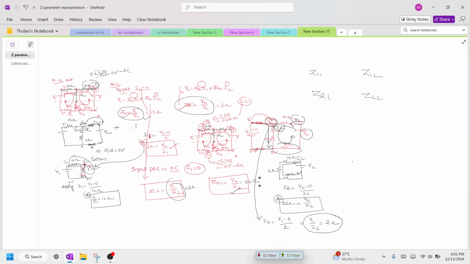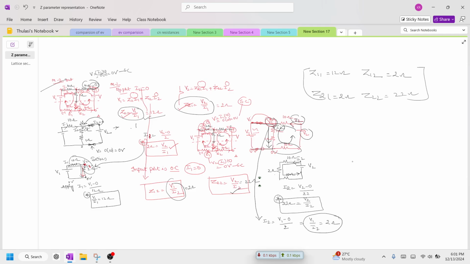The first one, which we have already solved, Z11, is how much? 12 ohms. Okay, and Z12 is equal to how much? 2 ohms. What is Z21? Z21 is 2 ohms. Z22 is how much? 22 ohms.